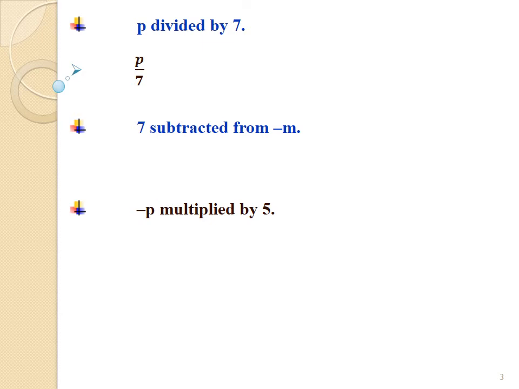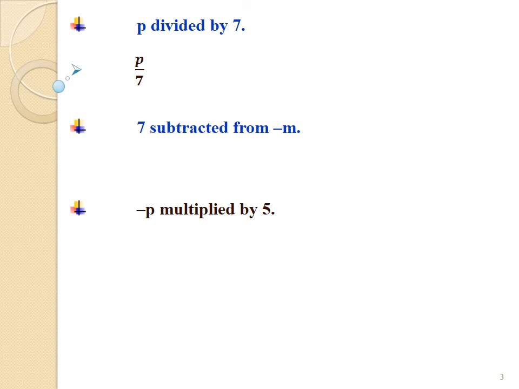Yes, your answers are correct. While writing the expression, we have to use minus sign. And 7 is a positive integer which we have to subtract from a negative variable minus m.